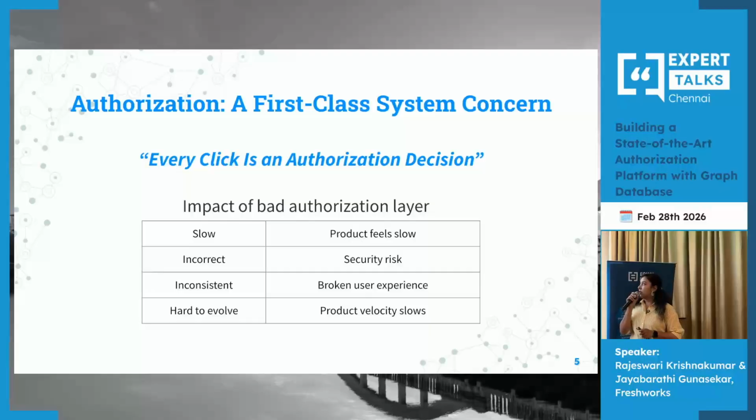If the authorization layer is inconsistent, it will result in a broken user experience. And if it is hard to evolve, your entire product velocity slows. Say if you just have to add one or two policies to your authorization layer, but it takes months and months to implement that, your entire product velocity slows. So it is very, very important to have a very performant authorization layer that is very easy to evolve.